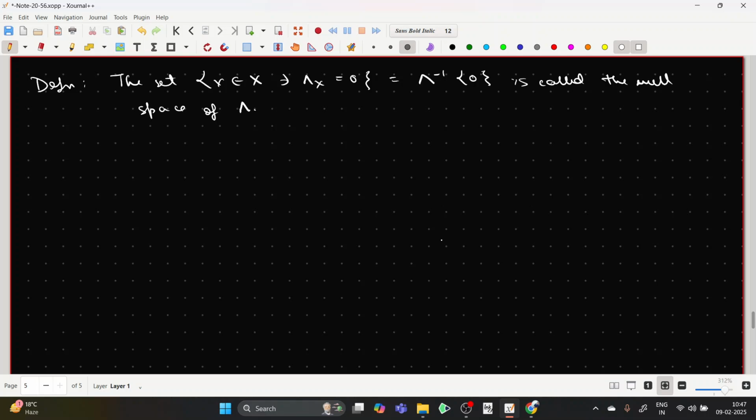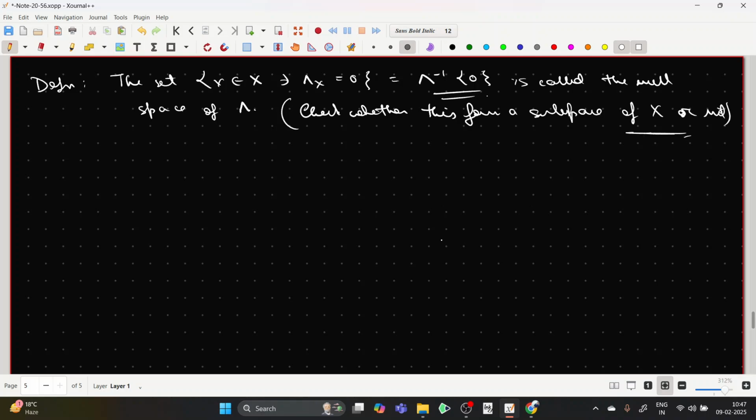This notation will be important, as we'll see. Check whether this forms a subspace of X or not, and it will. If you have studied linear algebra, you know that these kernels, these null spaces, do form subspaces.